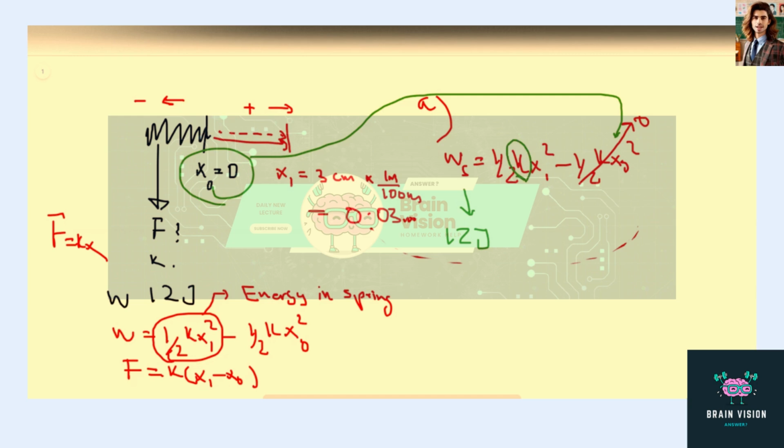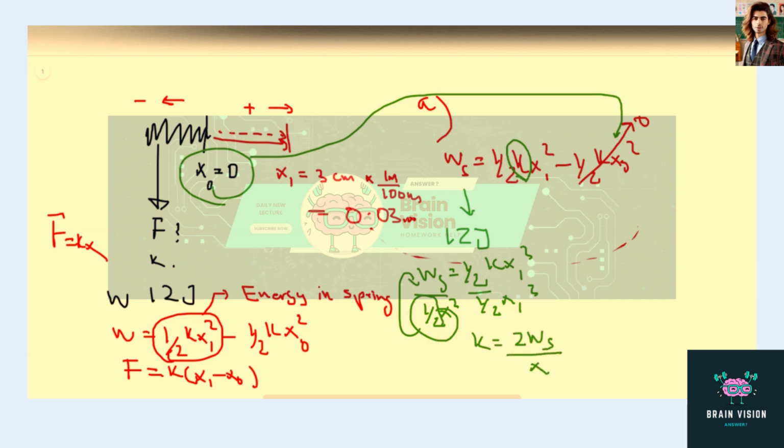It's always a good habit to use the variables and plug in at the end. So Ws, which is the energy in the spring, equals 1/2 kx1 squared. Divide both sides by 1/2 x1 squared. Remember, this 1/2, when it goes to the other side, becomes 2. So k has to be 2Ws over x1 squared.